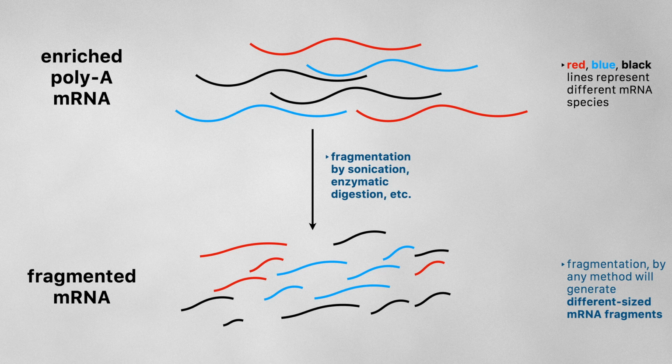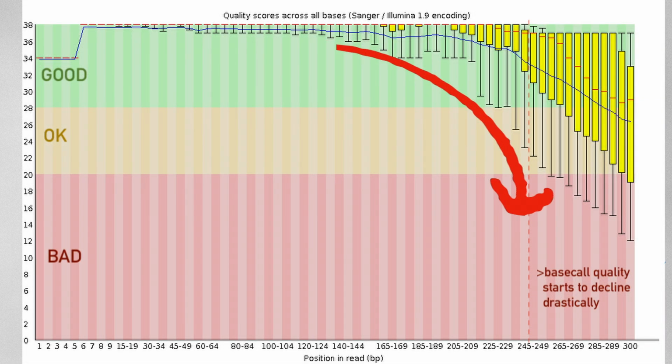Now, once we have enriched for our target mRNA species, next generation sequencing requires that we fragment the sample either by sonication, enzymatic digestion, or other means. We do this because the quality of the base calls has been shown to decrease as the fragment size increases.